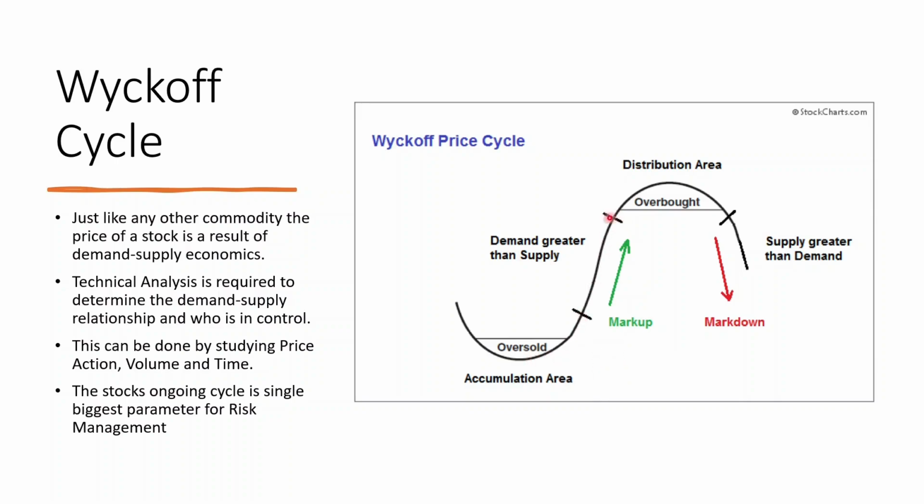But if you're buying something here, this entire space is your risk. So the odds of success change dramatically based on where you buy in this cycle. That's why you have to manage your risk differently. We will cover risk management in detail. By risk, I basically mean how much capital you are allocating, and in case you are wrong, how much you will be losing. So that's risk.